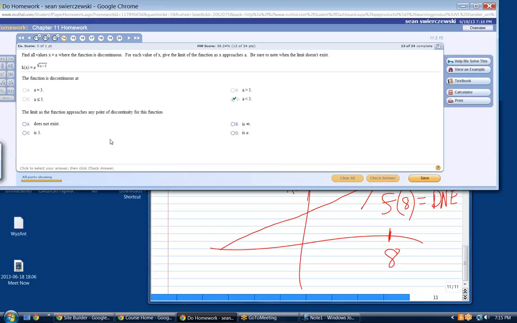What does it say again? The limit as the function approaches any point of discontinuity, which is to say any number less than 3. As we approach that point, why isn't the answer 1? Because if we plug in 3, we get e to the 0, which is 1.